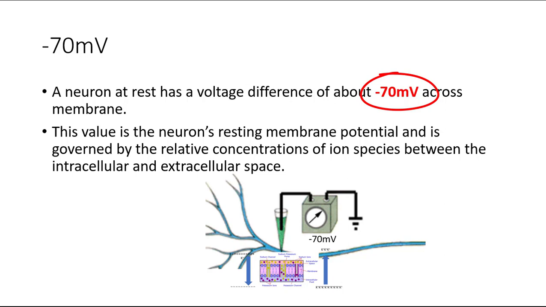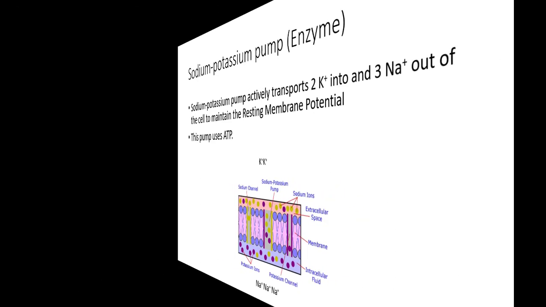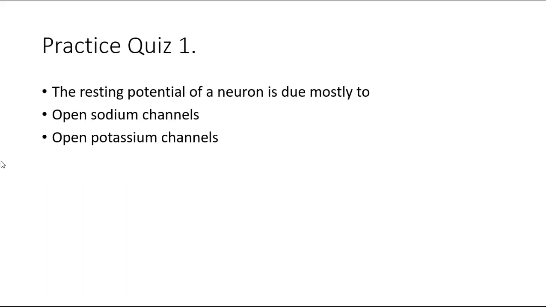This value is the neuron's resting membrane potential and is governed by the relative concentration of ions between the intracellular and extracellular spaces. The sodium-potassium pump actively transports 2 potassium into and 3 sodium out of the cell to maintain the resting membrane potential. This pump uses ATP.